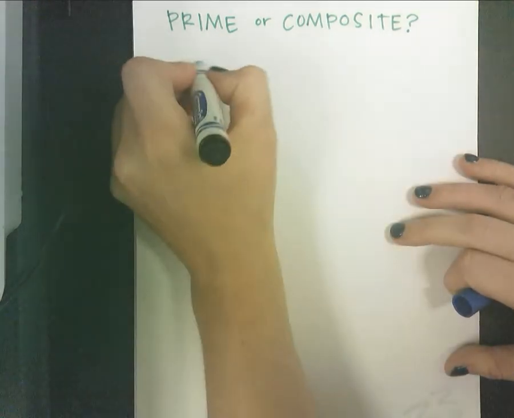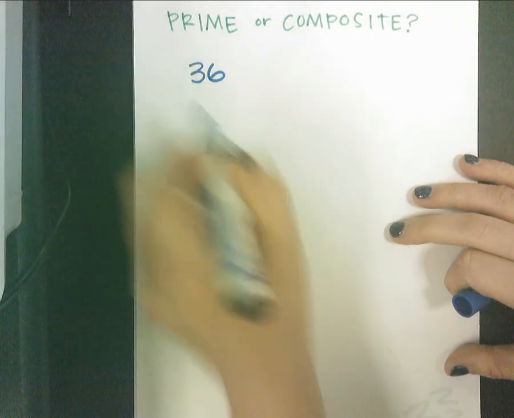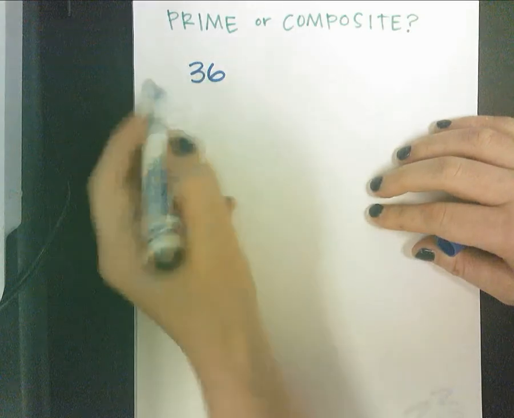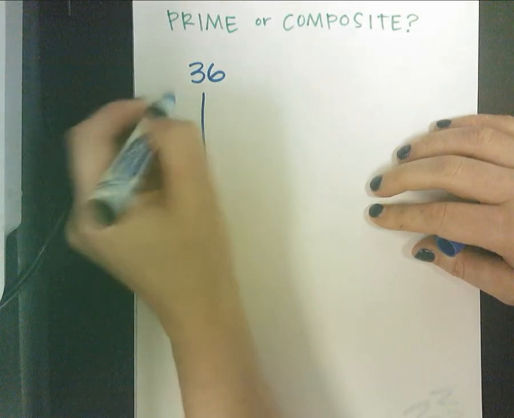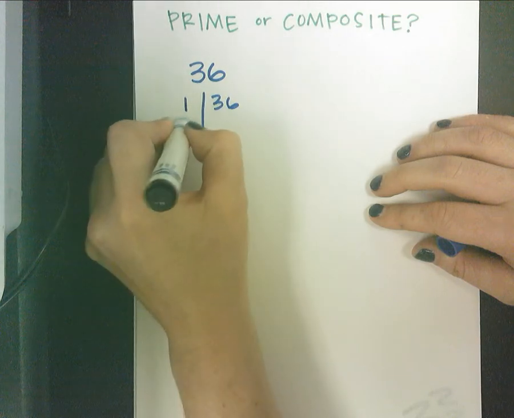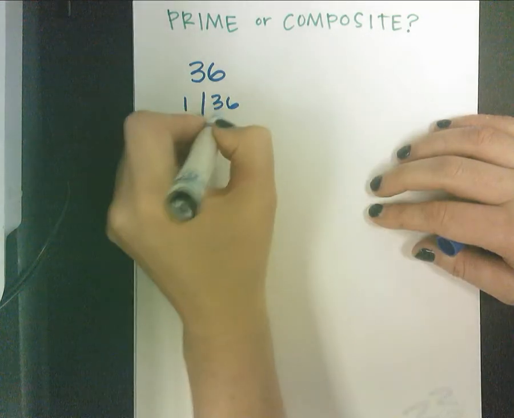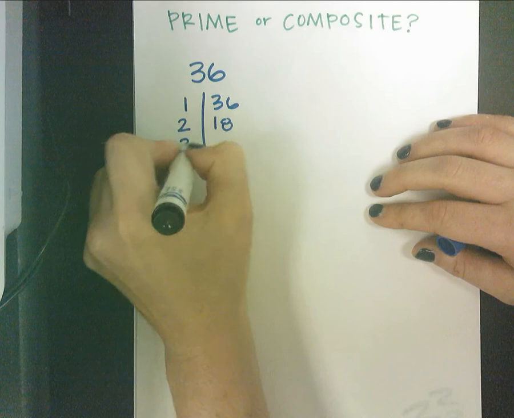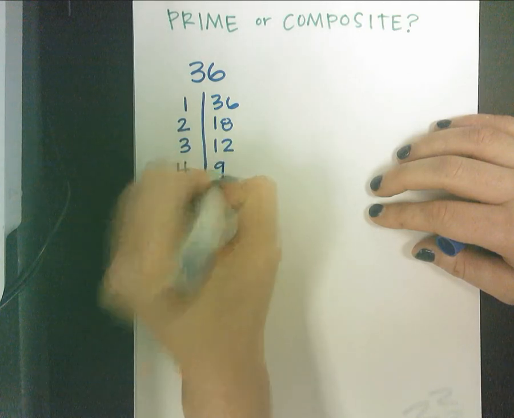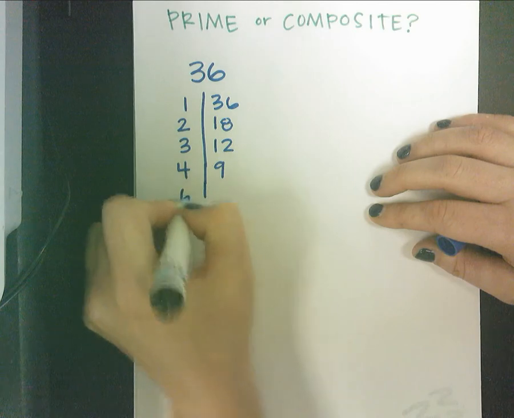If we have the number 36, I know my multiplication table, so I know that to make 36, we can do 1 times 36, 2 times 18, 3 times 12, 4 times 9, and 6 times 6.